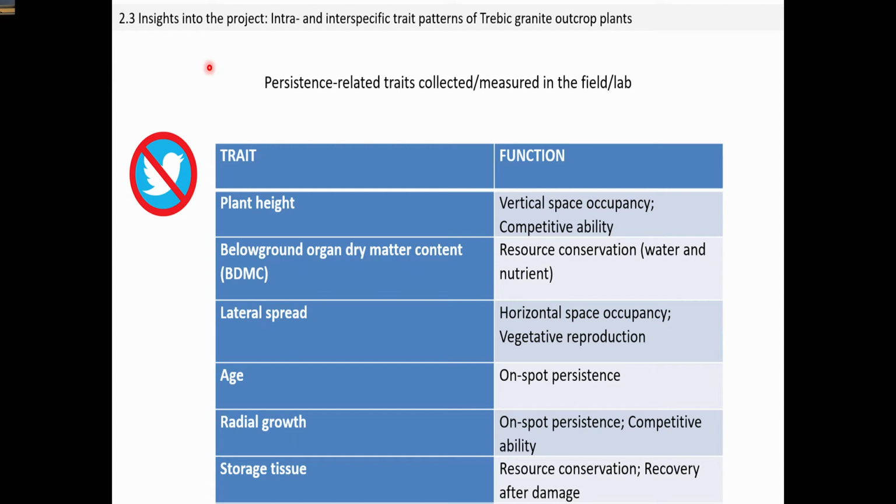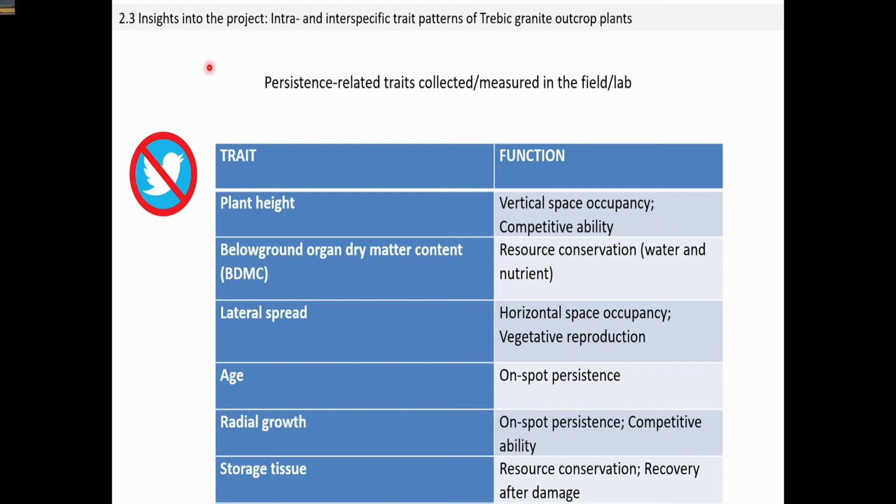Age comes from the growth rings of the herbs, because perennial herbs, especially dicots, are able to make growth rings, and I will show you some pictures.